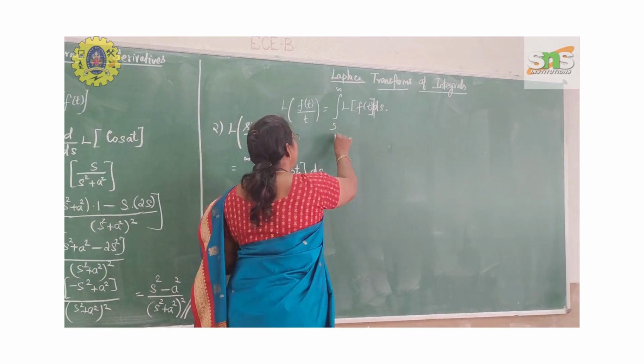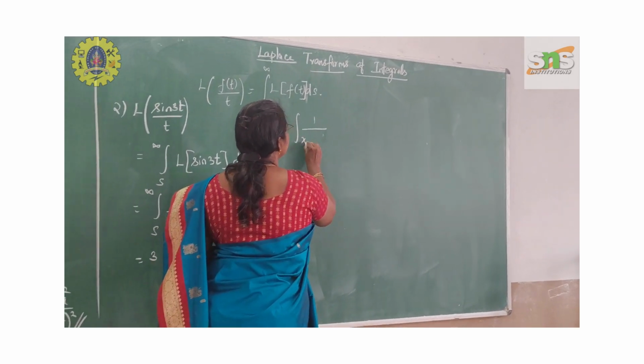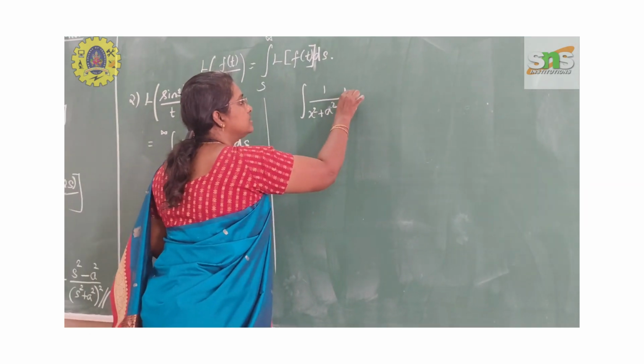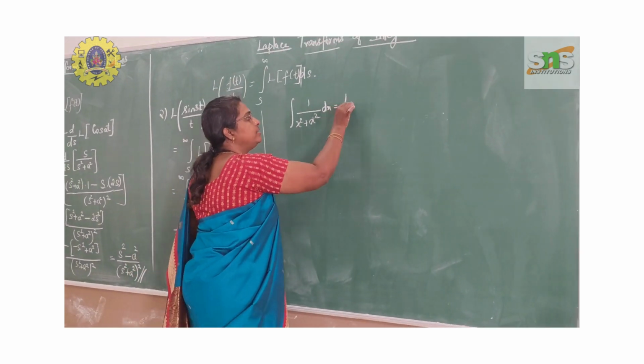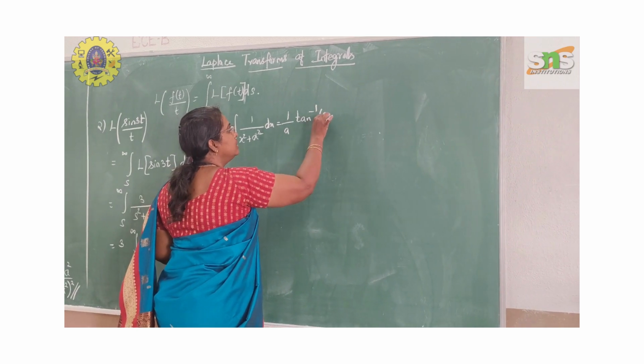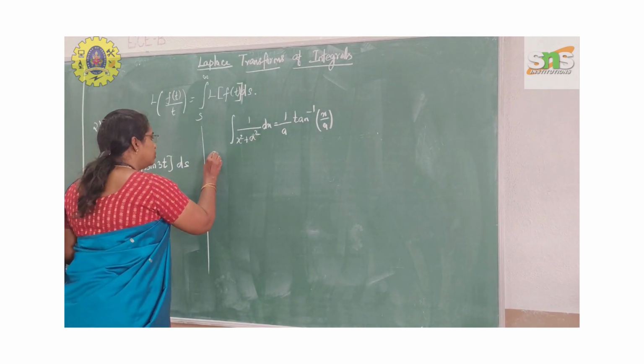Already we know one formula: the integral of 1 divided by x square plus a square dx is equal to 1 by a tan inverse of x by a. We can apply it now.